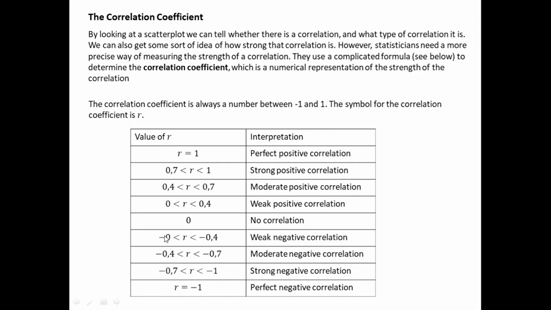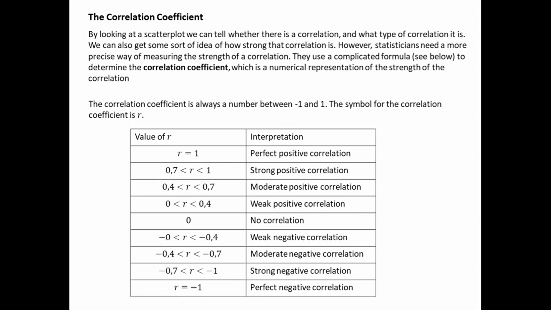And if my R is between -0, well, let's just call it 0, and -0.4, that's a weak negative correlation. If my R is between -0.4 and -0.7, that's a moderate negative correlation. If my R is between -0.7 and -1, that's a strong negative correlation. And if my R is -1, that's a perfect negative correlation.